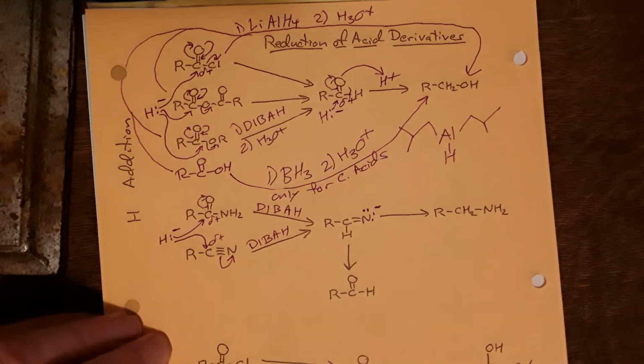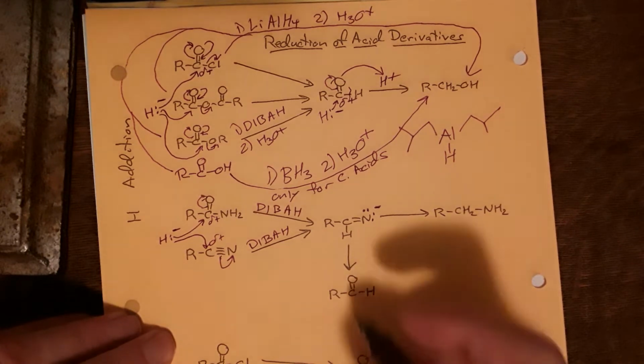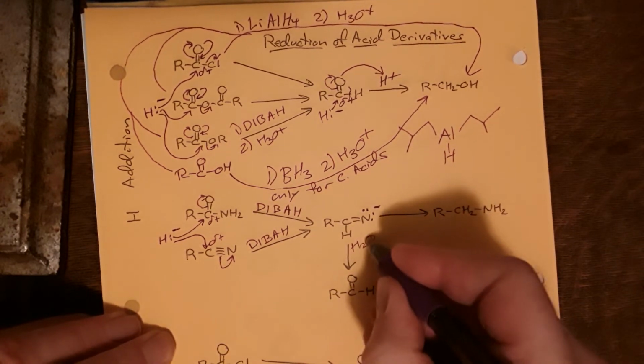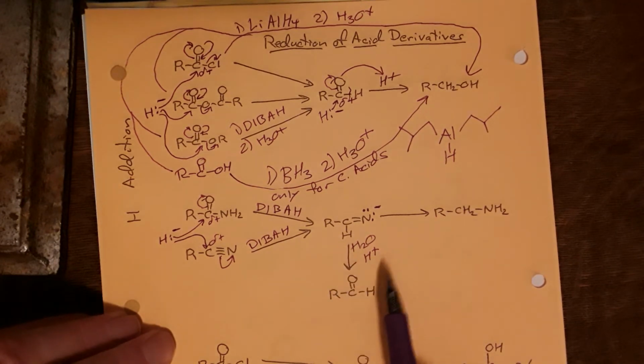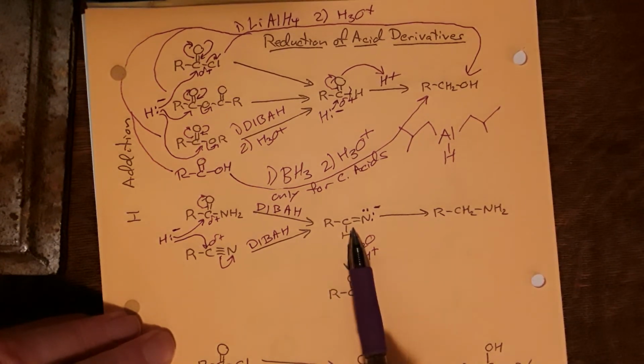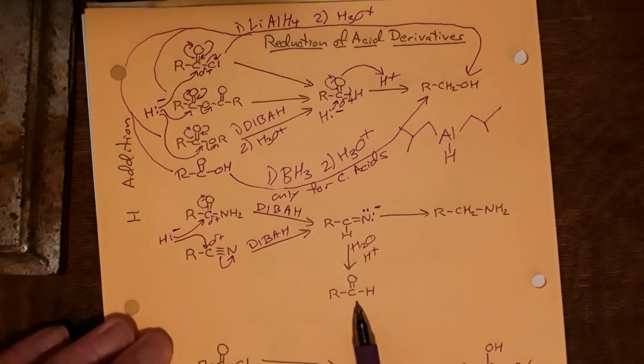And the reason you would want to stop at that state is that now you could add water in the presence of acid, H3O, and that would then convert this carbon-nitrogen double bond into a carbon-oxygen double bond. So you're adding an excess of water, and that converts it into the stable neutral aldehyde molecule.